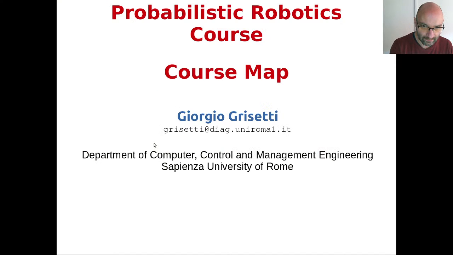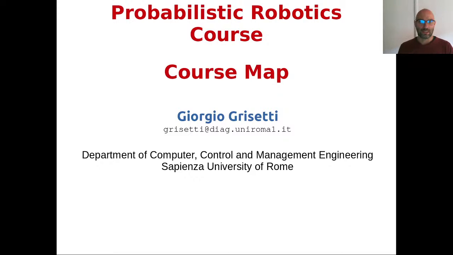And now we have a new introduction of this year, which is the course map. So we have come to the end of our journey. Now there are the projects and some exercises, but I think the core part of the course is over, and so I think it's relevant to make a little wrap up of all the things we have seen.